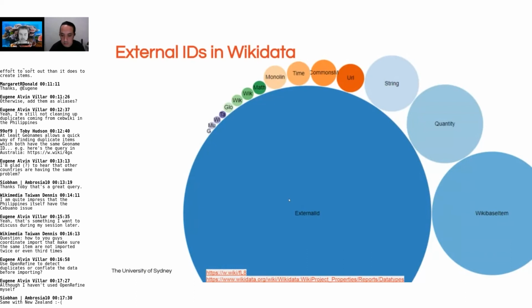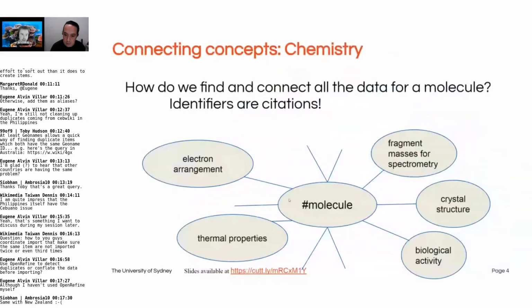The bulk of our properties are just identifiers, numbers or codes that reference the same item in a different database out there in the web somewhere. And so I want to think through a little bit more about what we can do with those external identifiers and show you an app that I built to use them. So here's an identifier, or a bunch of identifiers, I guess.